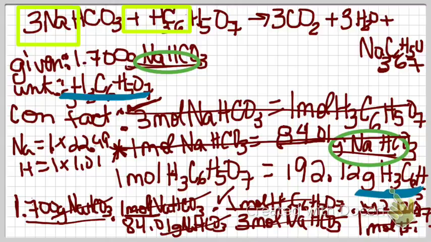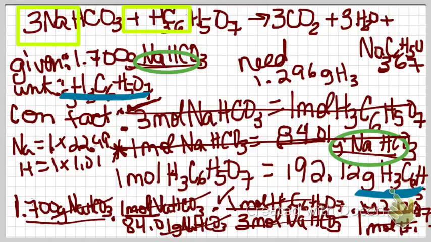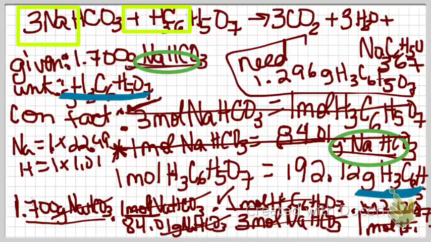I got 1.29589. I need 1.296 grams of the citric acid, H3C6H5O7. This is how much I need, and I don't have that much.